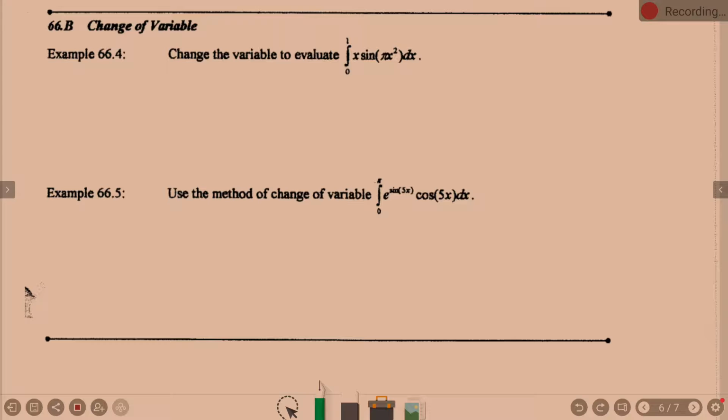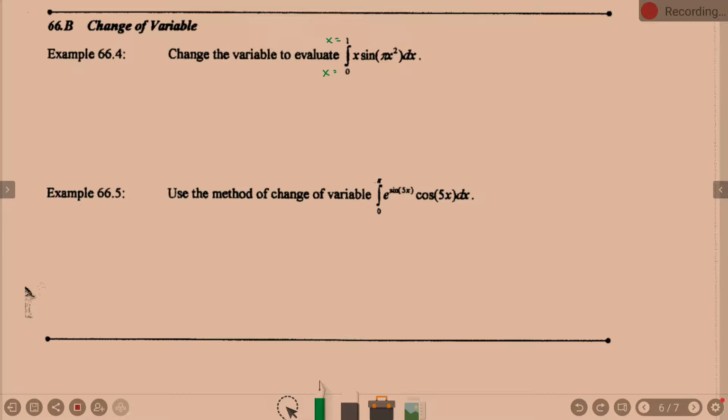So this 0 and this 1 are x values. So one option is like what we were doing up above. Once we do all of our work in u, we go back and substitute in our x's. And then we can evaluate from 0 to 1.